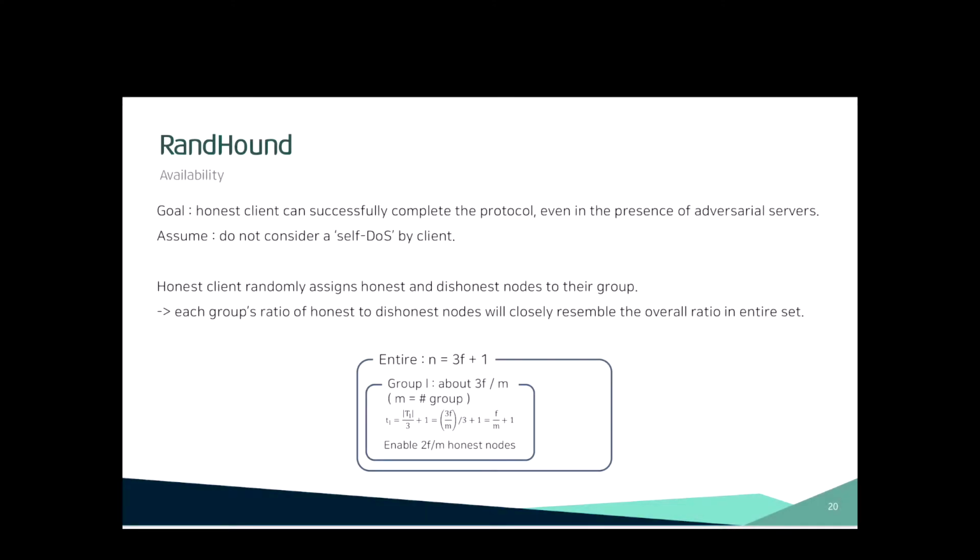Thus, one group will have about 3f over m pairs, so the threshold will be f over m plus 1. This guarantees availability with a very high probability and shows it in the later evaluation part.